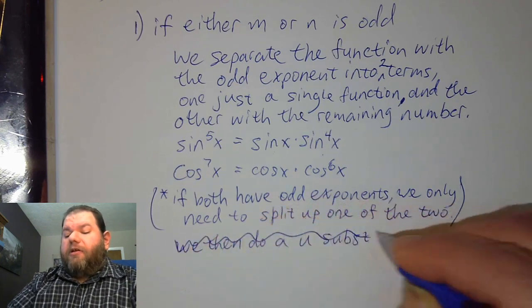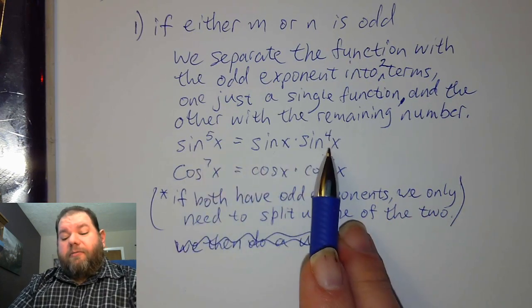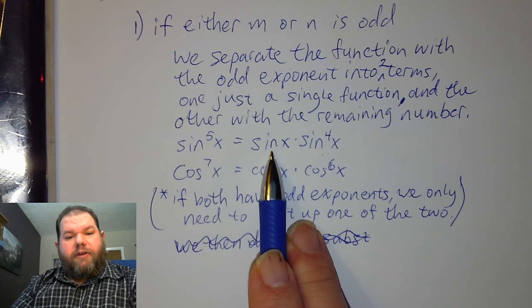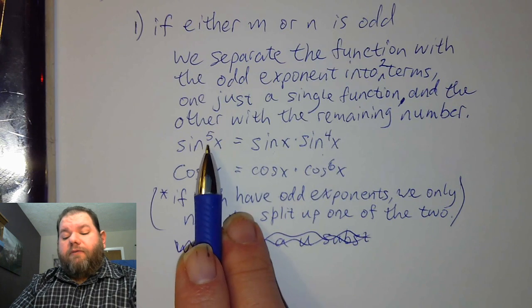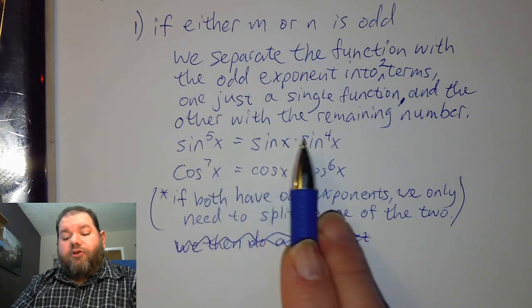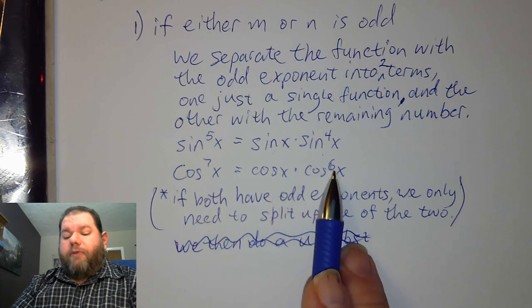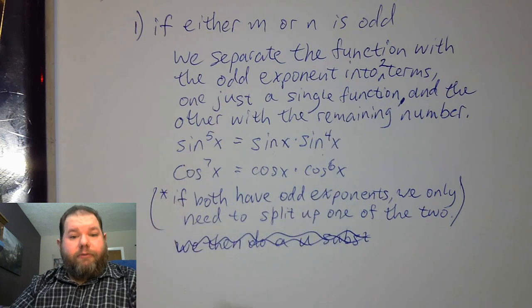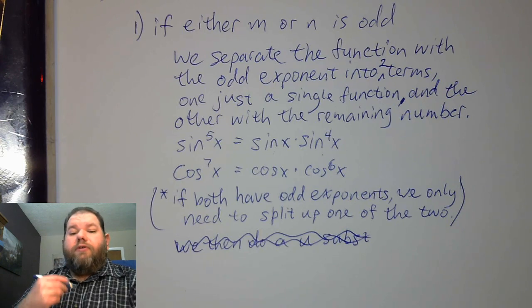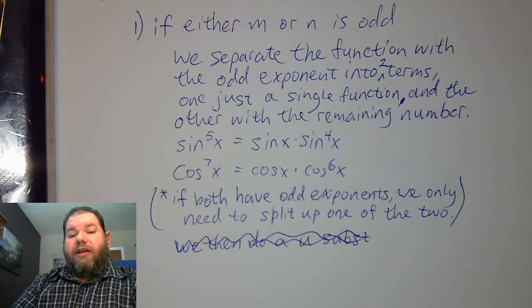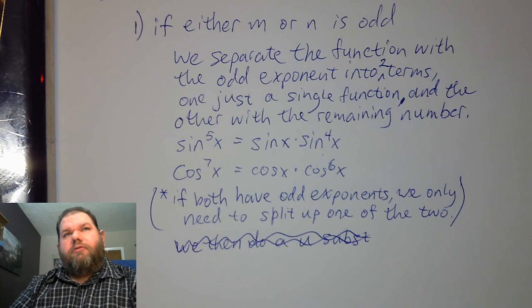After we split up one of our terms, that means we have a single sine function and then an even number of sine functions. Because if we have an odd number and we take away 1, we should have an even number left over. Whichever one we do, that's going to happen. With that even number of terms left over, we use the Pythagorean identity to replace them and turn them into the other trig function.